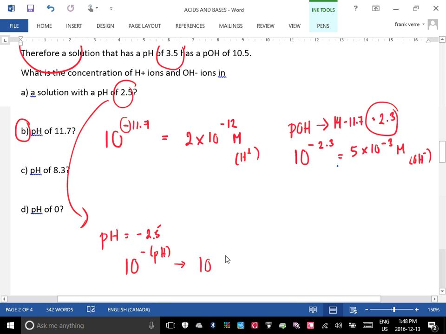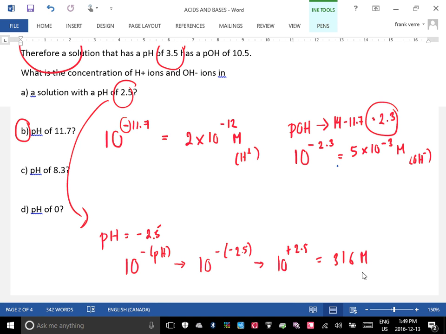So that would be 10 to the power of negative times negative. So that would be 10 to the power of 2.5. 316? Big M. Now, to be honest, I don't know if that concentration is possible, but you could get a negative pH. So it still works the same way.